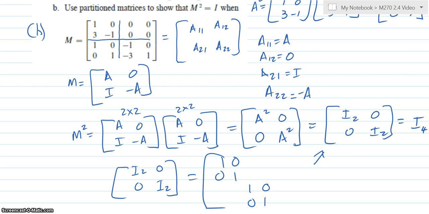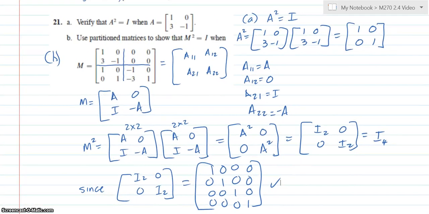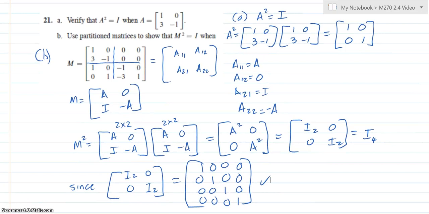Zeros are just the size they need to be, so they have to be 2 by 2. And you can see here where you do indeed get I4. So it works. There's the solution. So that concludes section 2.4, partitioned matrices.